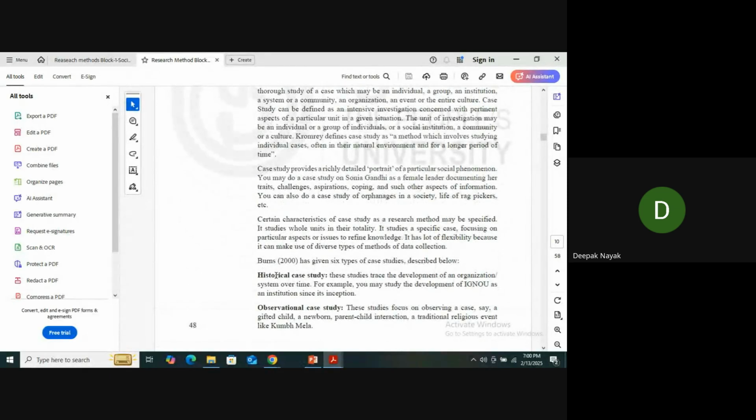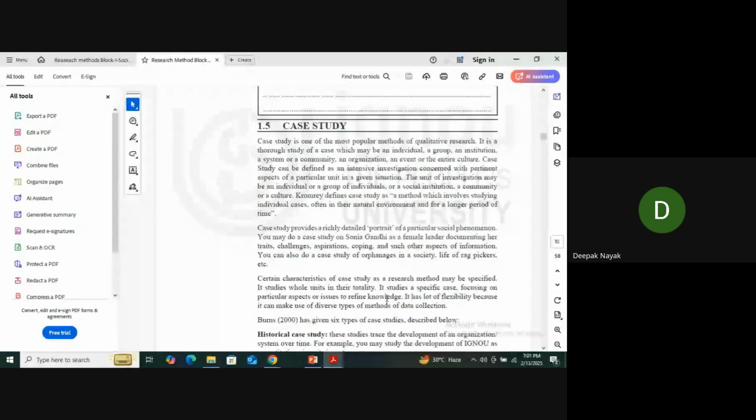Then I was saying case study. Another important approach to qualitative research is case study. It is an in-depth investigation of a particular individual, group, institution, community, or organization.